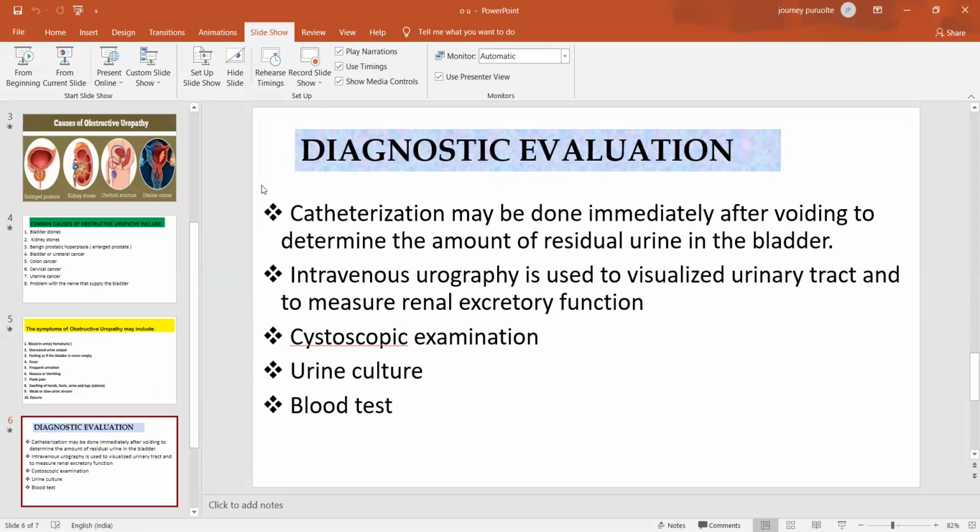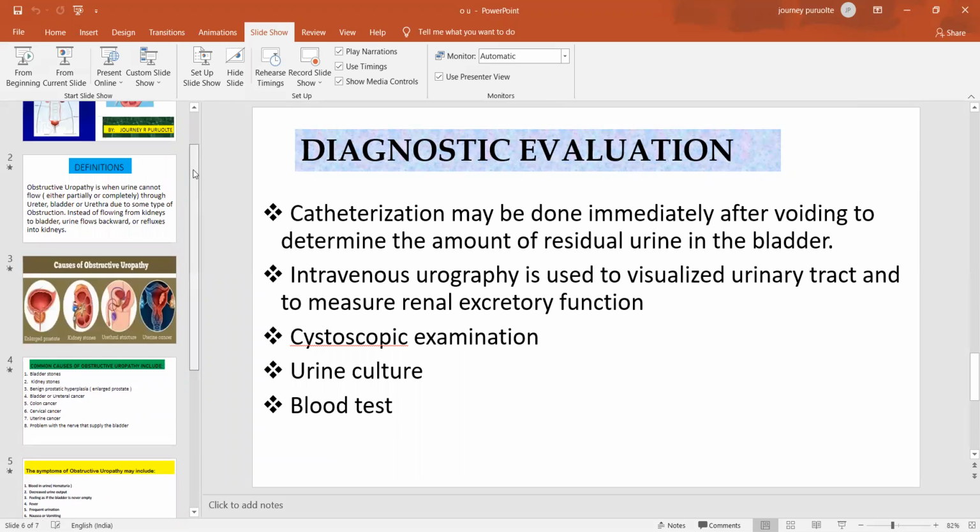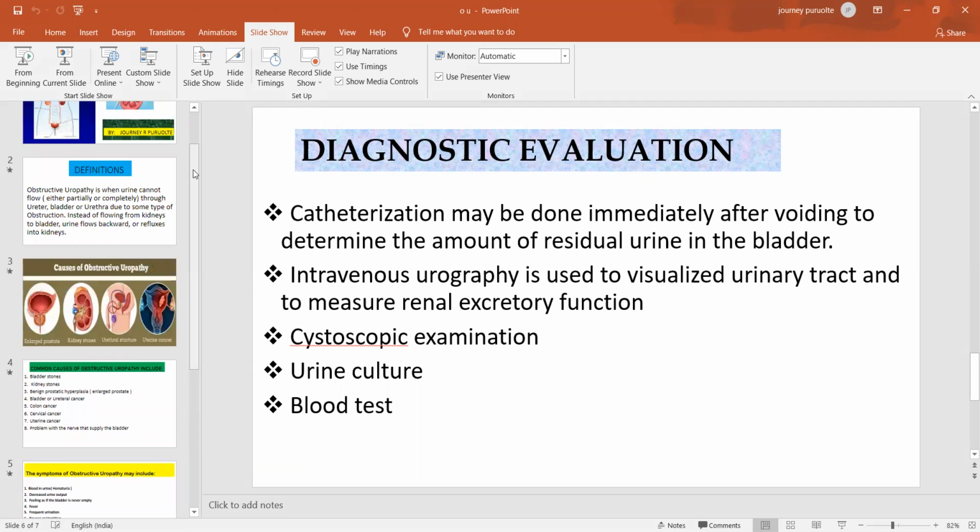What was the definition that we have discussed? In the definition, obstructive uropathy means urine cannot flow partially or completely through your ureter to your bladder or your urethra. It was mentioned very nicely in the bracket, partially or completely.